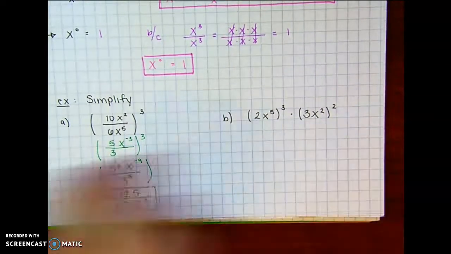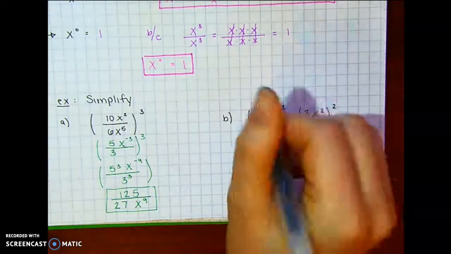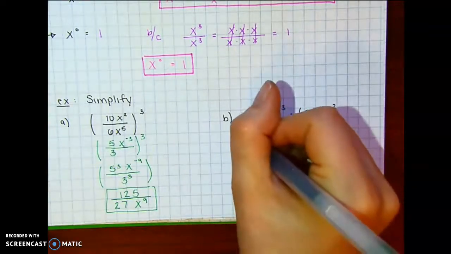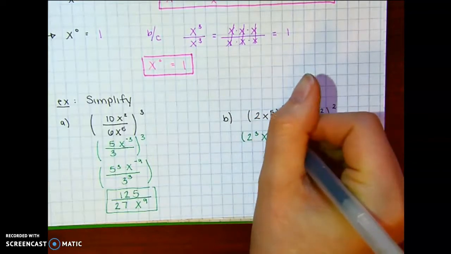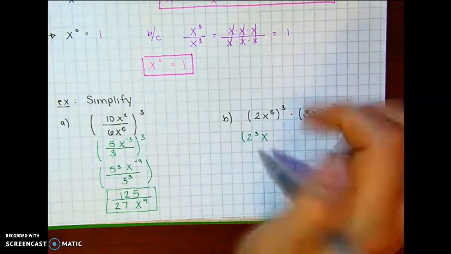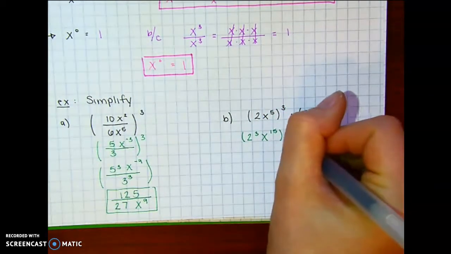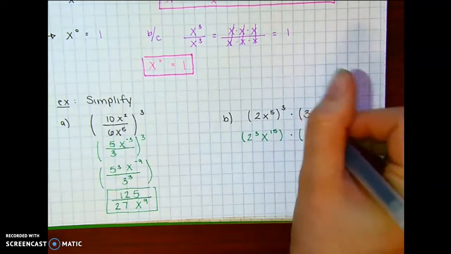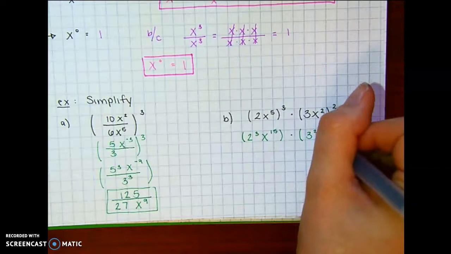You can't just multiply these together. So the first thing we're going to do is 2 cubed. And then here we can multiply the exponents: 5 times 3, because that's what the property says above. It's 15. And we have times 3 squared, and 2 times 2 is 4.